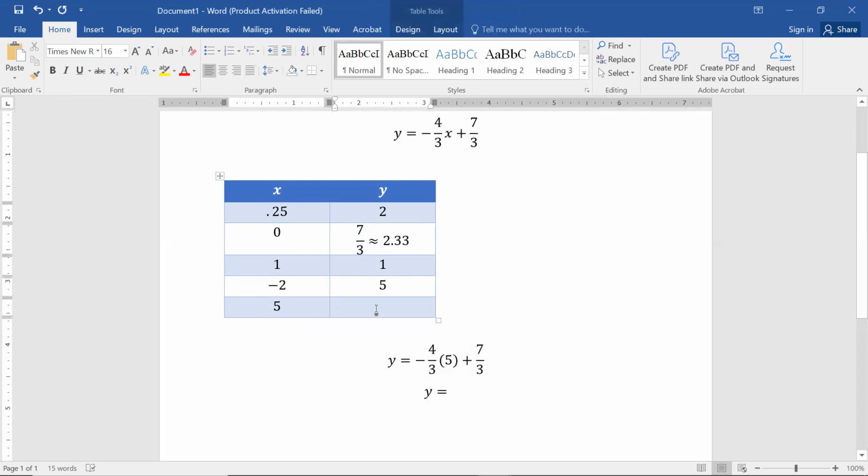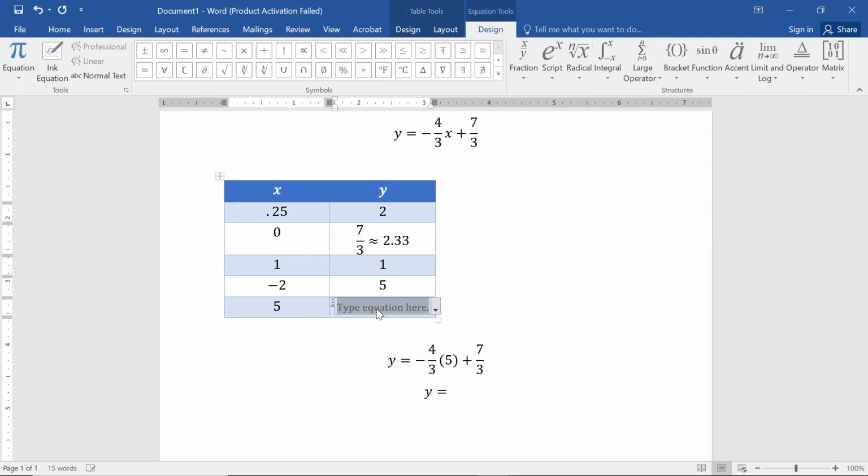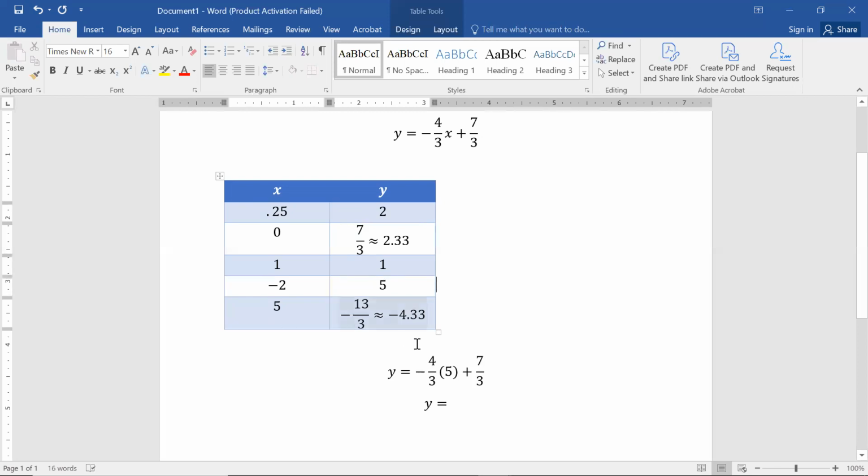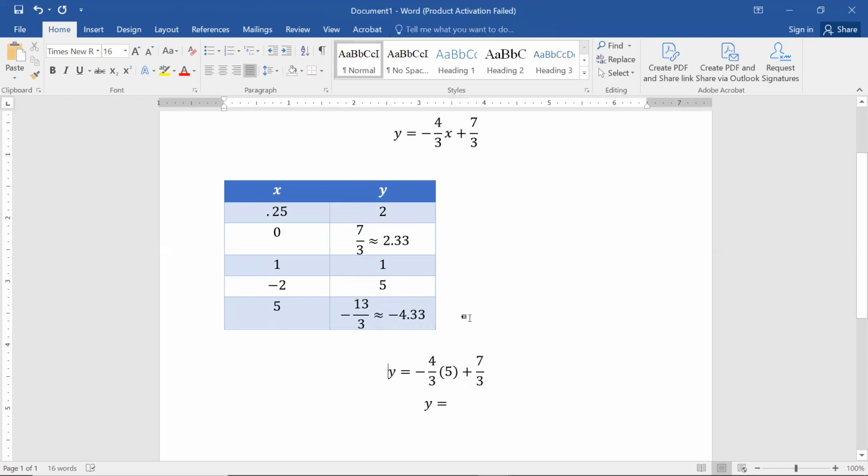Or if you were looking for fraction form, that's negative 13/3. So negative 13/3, which is approximately negative 4.33. Okay, so that gives me another point. Now I have a bunch of points that I can go plot on my graph. So let's go ahead and do that.